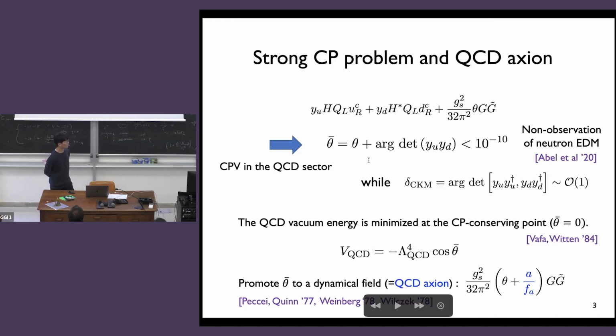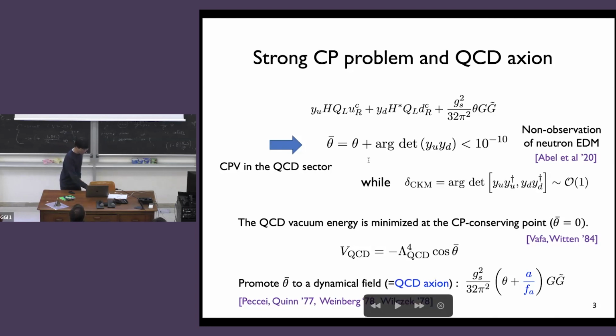The non-observation of the neutron EDM gives a stringent bound like 10 to the minus 10. On the other hand, we already know that we do have an order 1 CP phase in the Yukawa coupling matrices, the CKM phase. So we expect that the CP phase involved in this theta bar is naturally of order 1. Then this means that we need a serious fine cancellation between these two quantities.